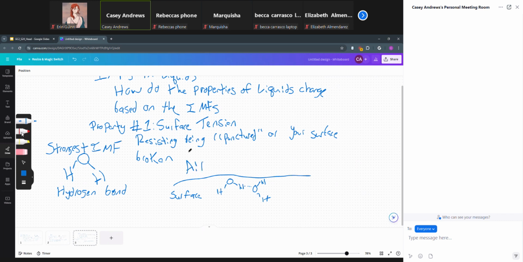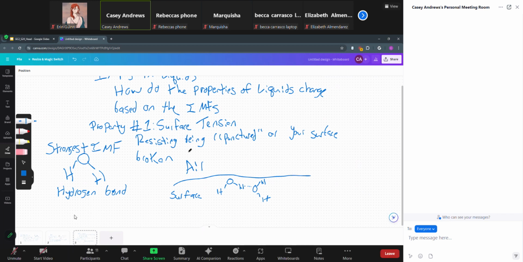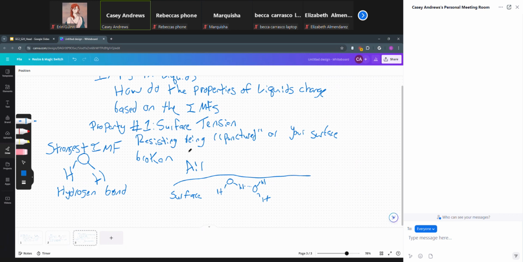Now, I had this in my slides, but does anyone know what molecule makes up the majority of the air that we breathe? It's nitrogen, N2. So 78% of what we breathe is actually nitrogen. N2 is nonpolar.